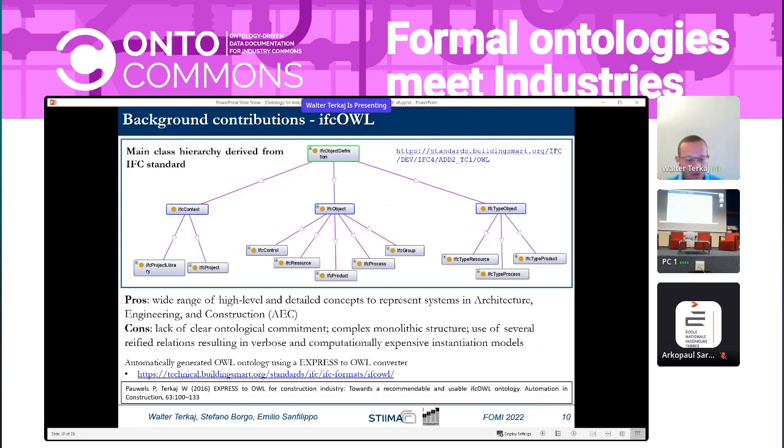In this case, this is an ontology that is automatically generated based on a conversion pattern. IFC, again, has pros and cons. It's covering a wide set of domains that are relevant in industrial engineering. But a big con is that we are missing a clear ontological commitment. It's a very huge taxonomy and structure that is difficult to navigate and understand fully.